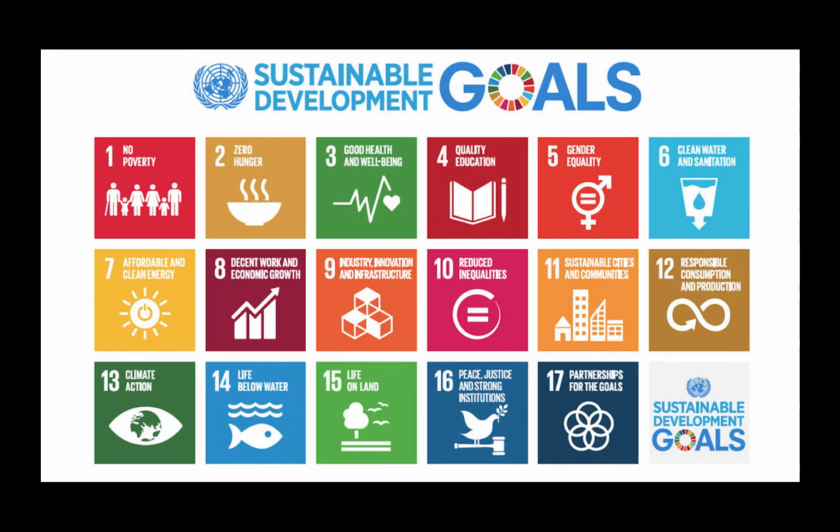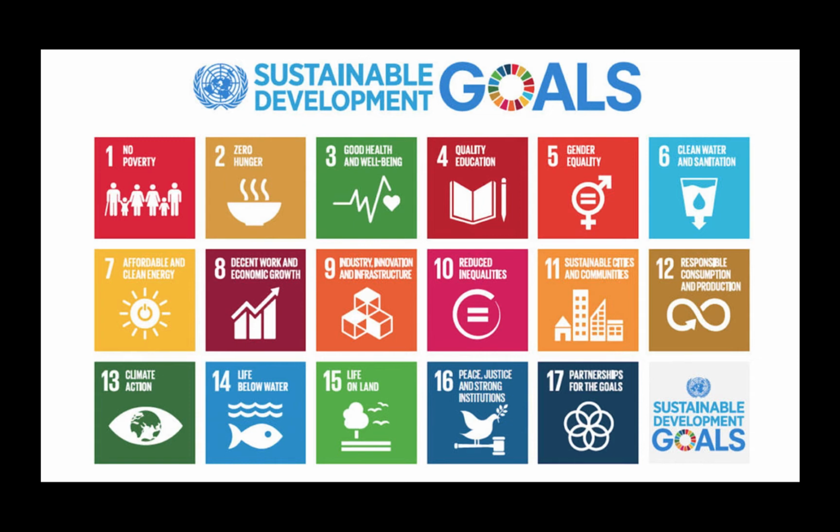These are goals that have been established by the United Nations. The 2030 Agenda for Sustainable Development urges call to action by all countries that are both developed and in a developing state. And these are their top 17 goals.